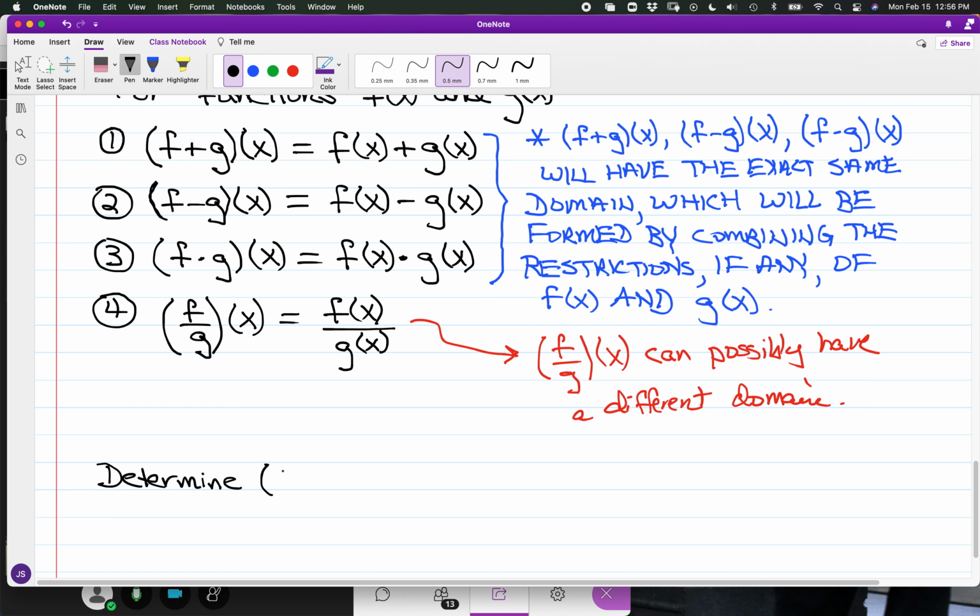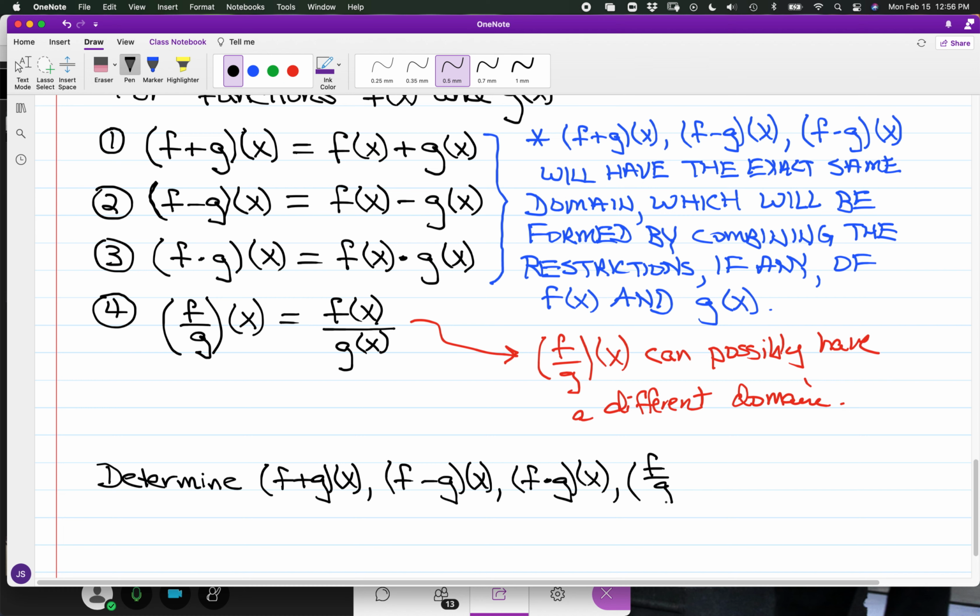So you're looking at the sum, difference, product, and quotient functions, determining the resulting functions and their domain.